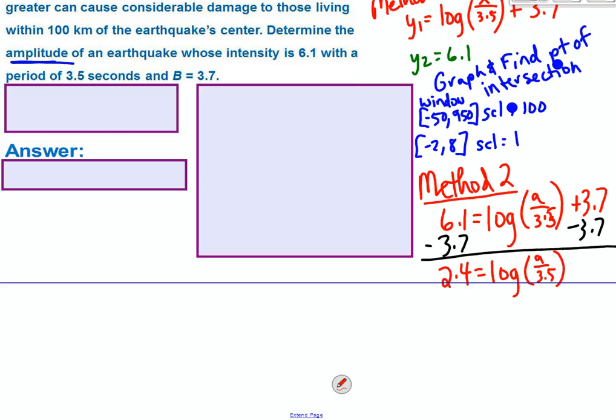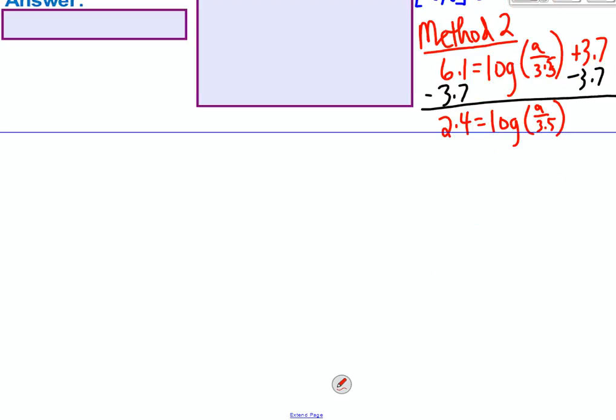Now, if you like seeing your logarithm written in the other direction, you can write that as log of A over 3.5 equals 2.4. And then let's write that in exponential form because you have to be able to do that on your test tomorrow. Remember, there's nothing written as a subscript there, so that means it's a common logarithm, or a base 10 logarithm.